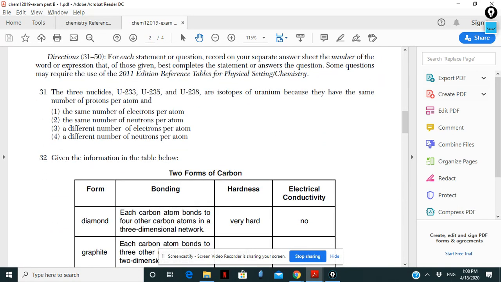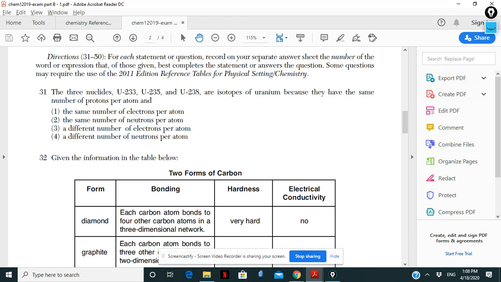Now, question number 31 says the three nuclides uranium-233, uranium-235, and uranium-238 are isotopes of uranium because they have the same number of protons per atom.